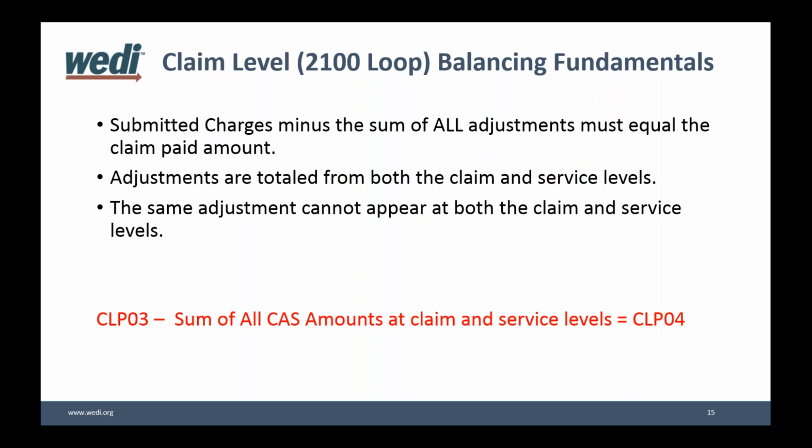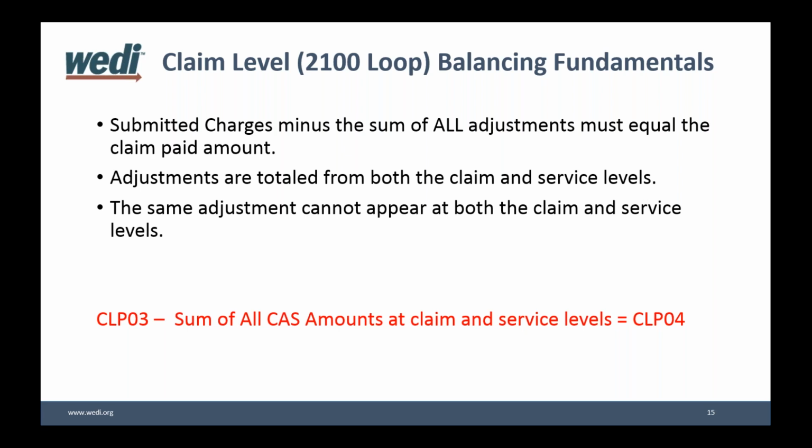So now we're going to talk about claim level balancing. This is, again, the submitted charges minus the sum of all adjustments must equal the paid amount. It's the same theory at the claim level. We're just talking about it when it's resulting in the claim. And the adjustments are totaled from both the claim and service levels. So we do consider what's been done at those service levels when we are balancing the claim.